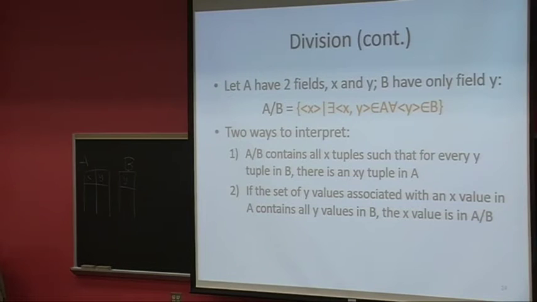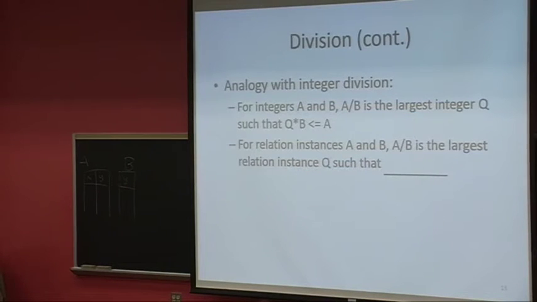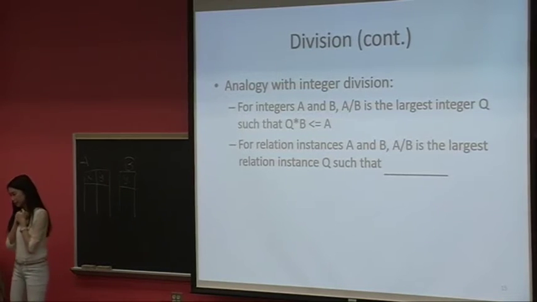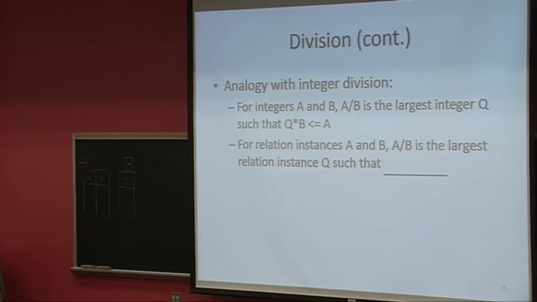You might think, why would we want to use this idea and call it division? There's one way of thinking about it, an analogy with integer division. Let's imagine A and B as integers. When you're coding, A divided by B gives an integer result, which is smaller than the actual answer.